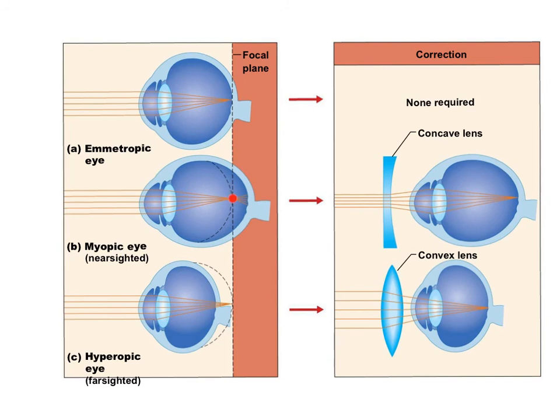It usually results from an eyeball that's too long, and then there's a correction. Glasses or contacts have a lens that distorts the light, your lens adjusts for that change, and then we have a correct focal point on the retina.